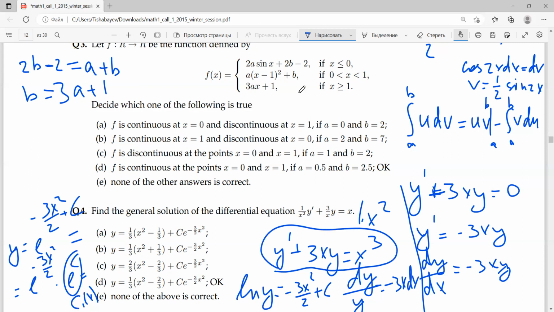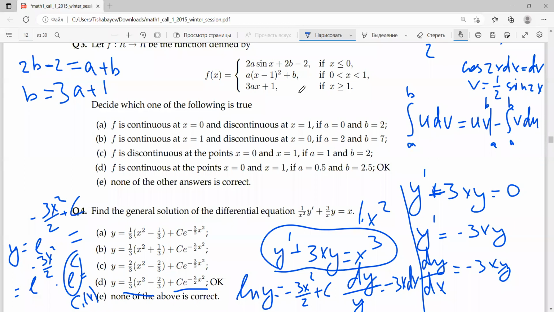It will be the particular solution. As you can see, we have this one, and it's correct in the slide: c times e to the power of minus 3 over 2 x squared. Now we need to find the particular solution. Is it clear?